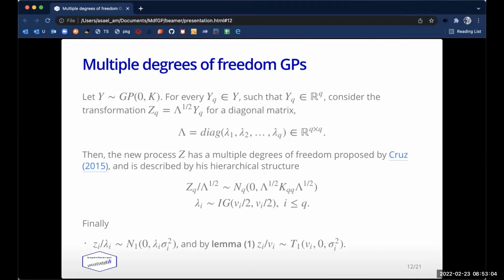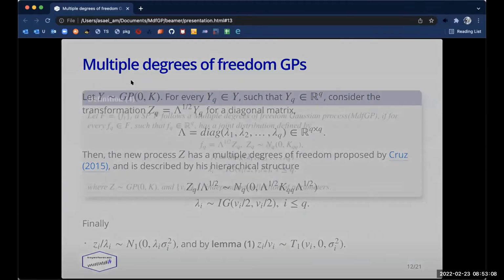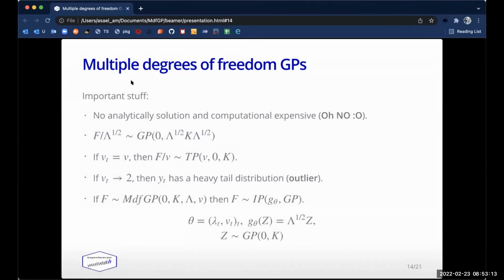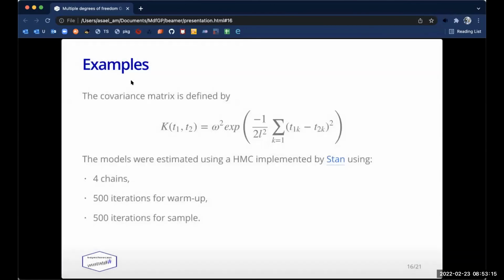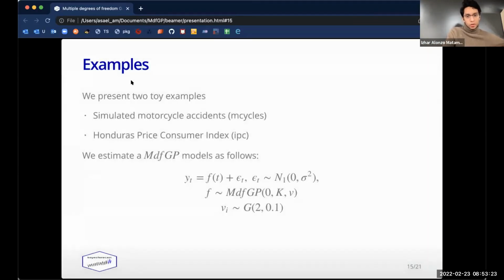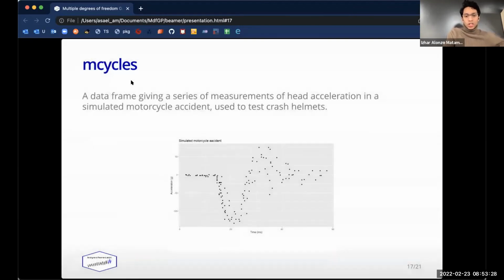Okay. And the second question is, did you try other types of covariance structures besides the exponential you used in the example? Not really. Again, the idea of this paper that I'm presenting is not about the application itself. It's just presenting a new model and its simple implications so far. So this is our next work.